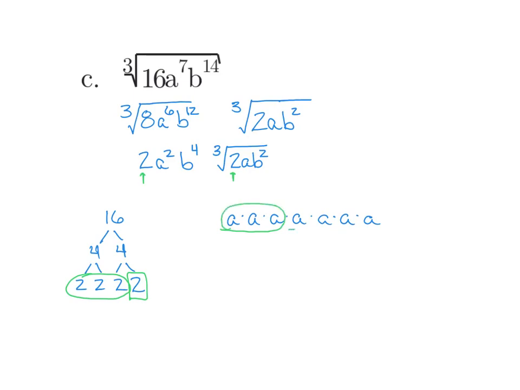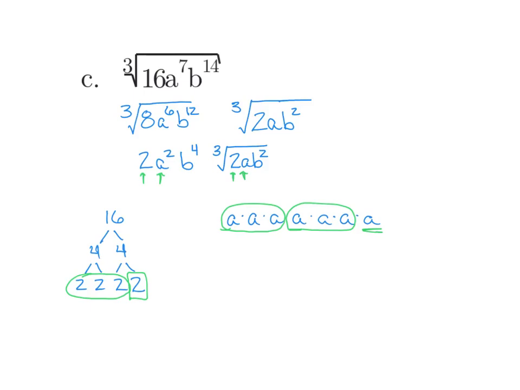How many groups of 3 can I make from 7? I can make 2 groups of a cubes. So what does that mean in terms of our answer? We can pull out an a squared, and we have a left over on the inside, my leftover a.